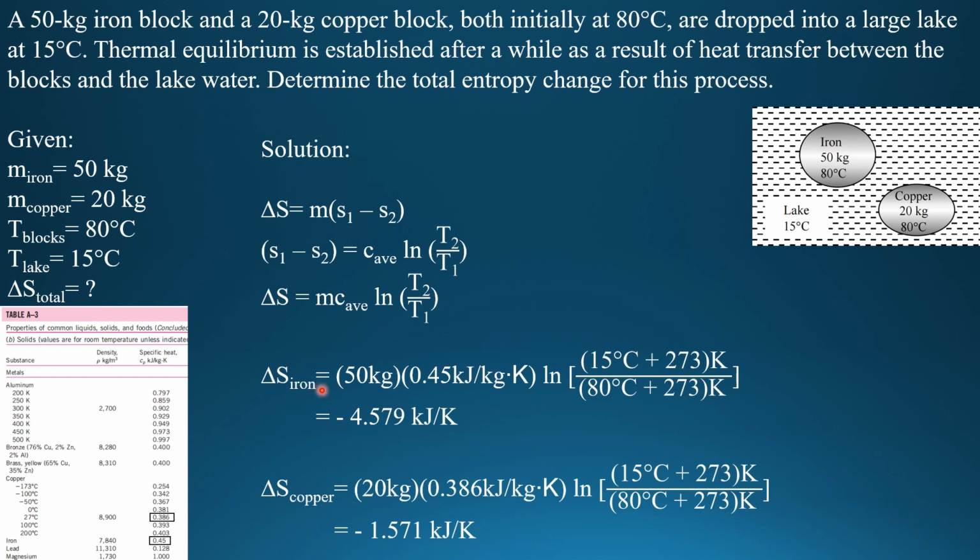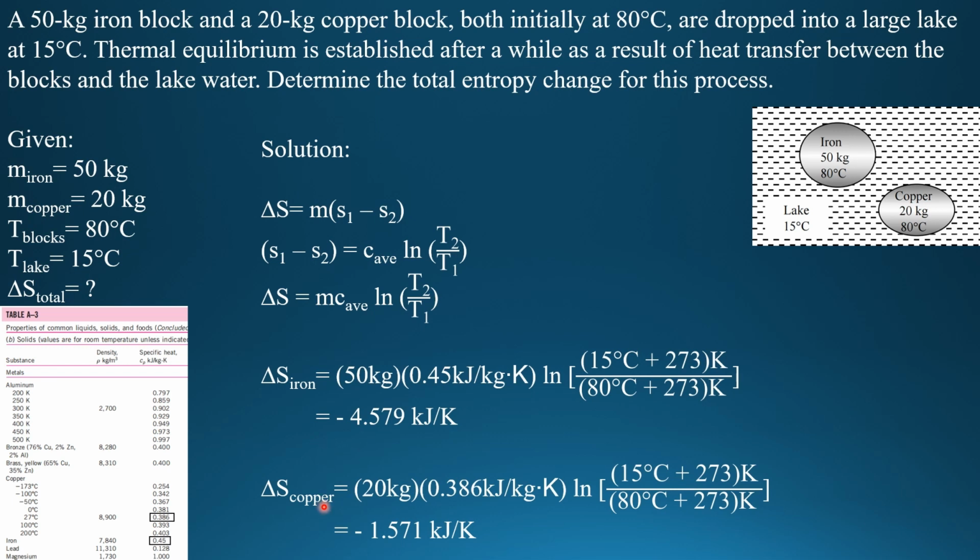So we will be plugging in our values. First is the iron block, that is equal to 50 kilograms times 0.45 kilojoules per kilogram Kelvin times the natural log of 15 degrees Celsius plus 273 Kelvin divided by 80 degrees Celsius plus 273 Kelvin. And we have the change of entropy of the iron block equal to negative 4.579 kilojoules per Kelvin.